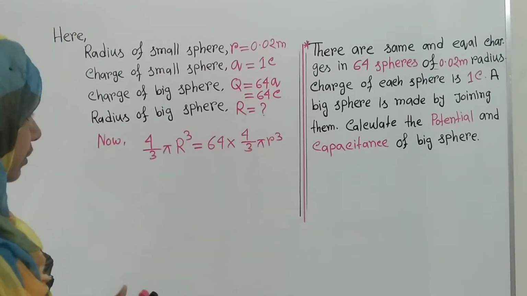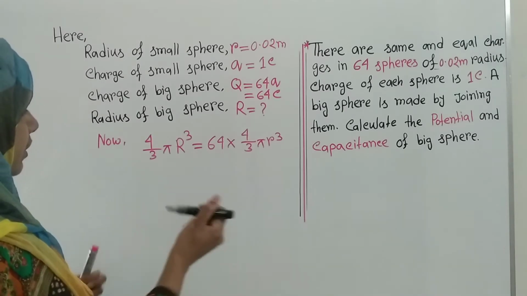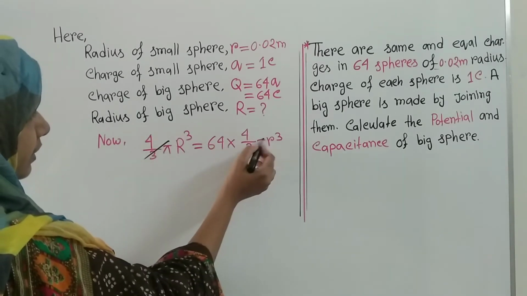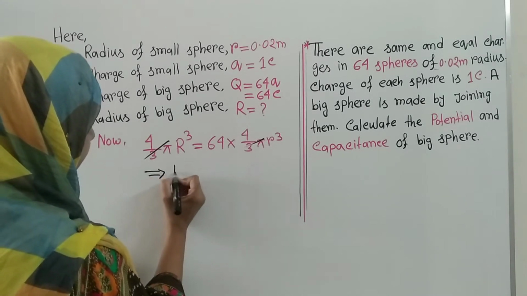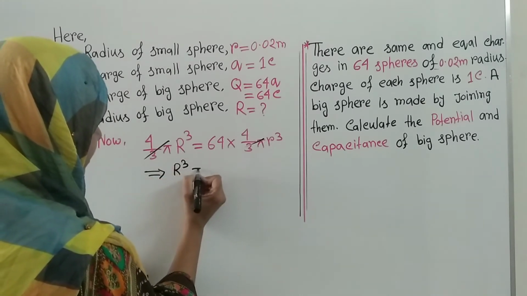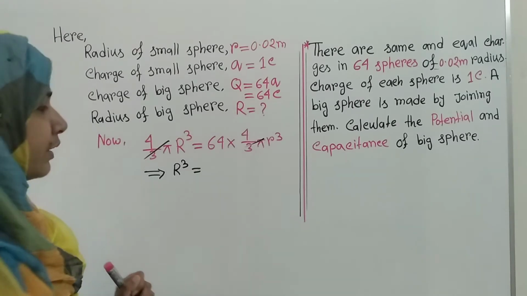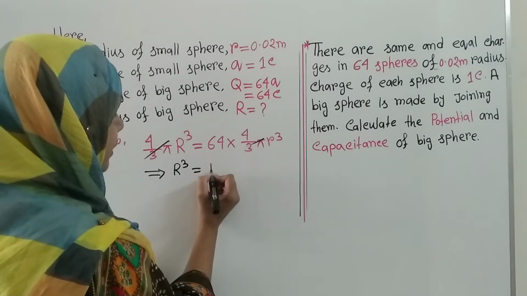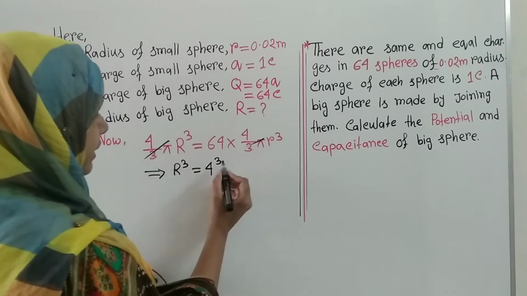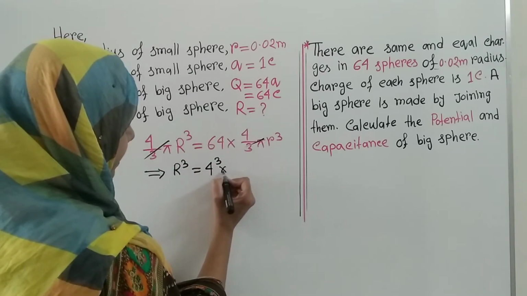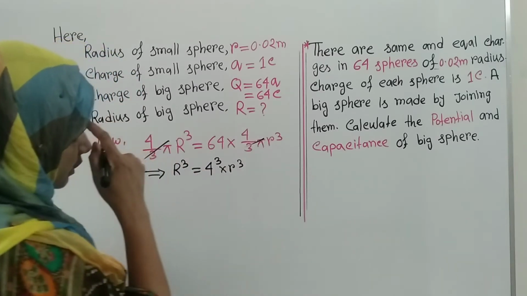Now here 4/3 and pi cancel from both sides. So we can write that R cube is equal to, you know that if we take the cubic value of 4 then we will get 64. So here I am writing 4 cube multiplied by small r cube.